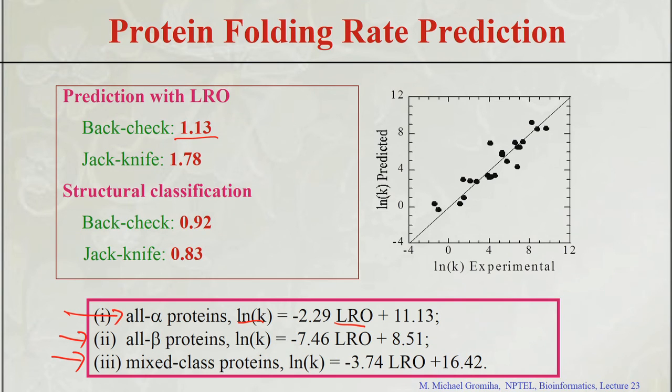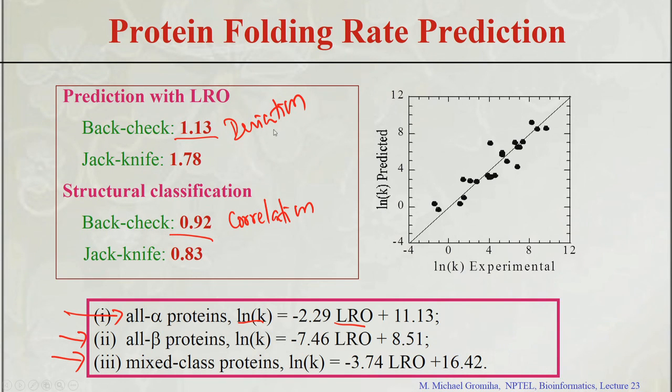If you do it like this, the correlation is 0.92 with the different structure classes. This is the deviation, and here I give the correlation.